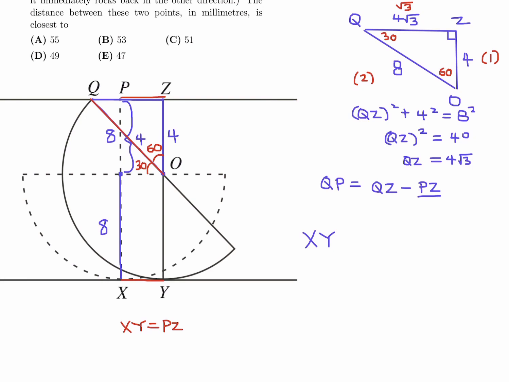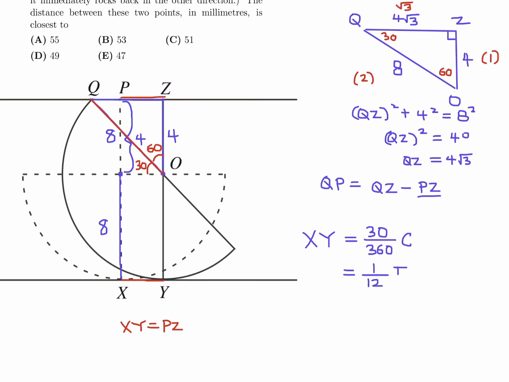Well, xy, as I previously mentioned, is calculated by the fact that this semicircle tilts 30 degrees. So 30 degrees divided by 360, which is the full way around, that is the fraction of the circumference that travels from x to y. All right, so the distance from x to y is 30 over 360 times the circumference of that circle. Now, 30 over 360 is 1/12.